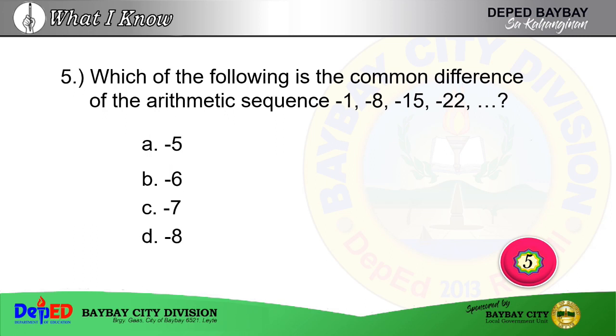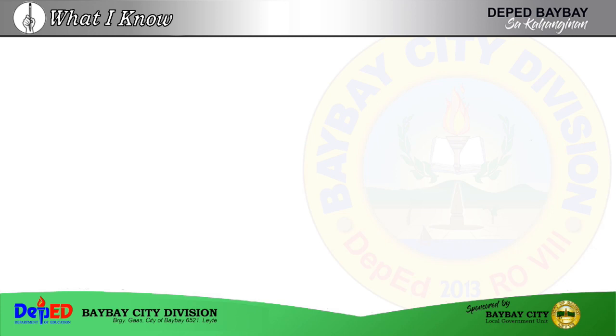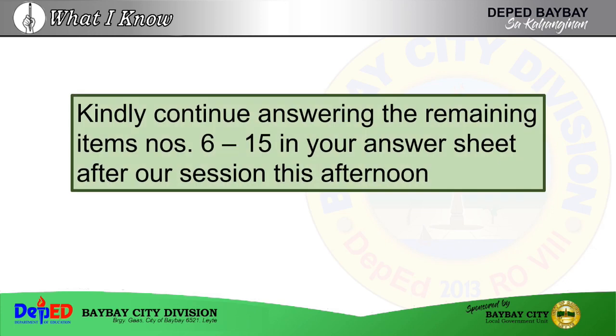D. Negative 8. The correct answer is letter C. Negative 7. Correct. Kindly continue answering the remaining items number 6 to 15 in your answer sheet after our session this afternoon.